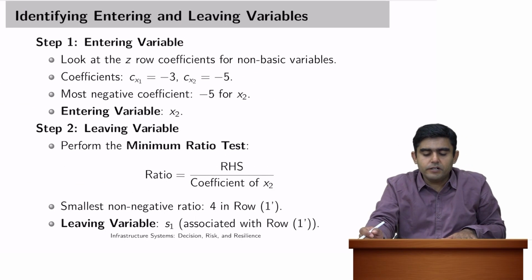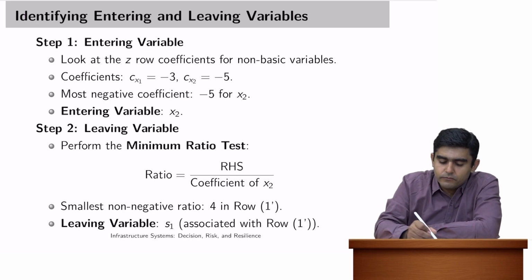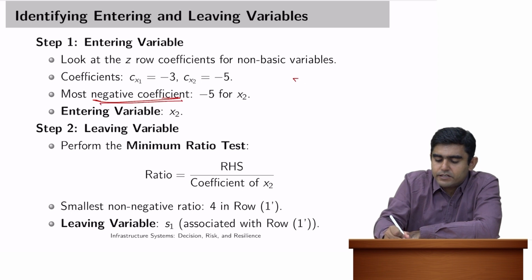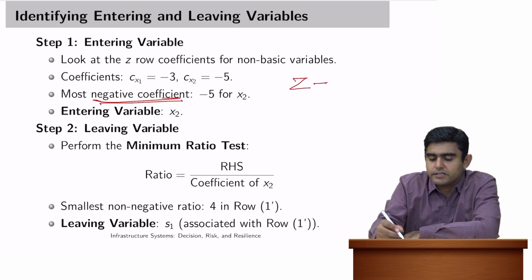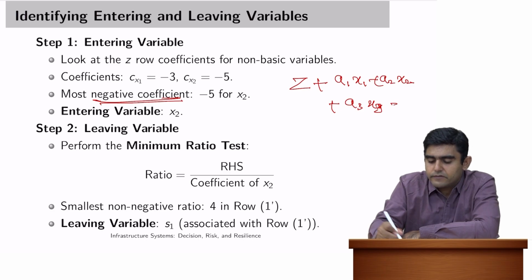So, a quick summary of what we have learned: we will select the entry variable which has the most negative coefficient if my problem is maximization and my objective function is written as minus a2 x2 minus a3 x3 and so on. So in fact, I should say plus, because then I'm not counting the negative sign twice.